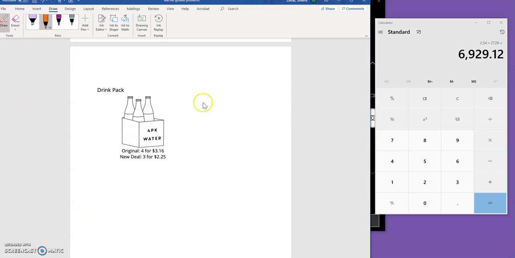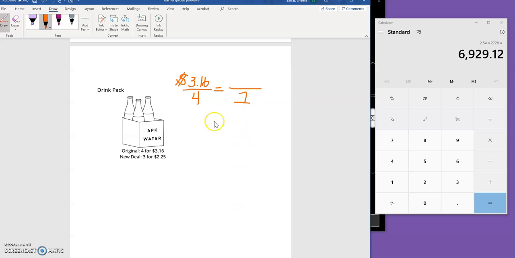The quickest, most efficient way is to find the unit rate. When we're dealing with buying, a unit rate is called a unit cost. So we're going to put the dollar amount on top. In the original amount, $3.16 is 4 bottles. So let's find the price of just one.